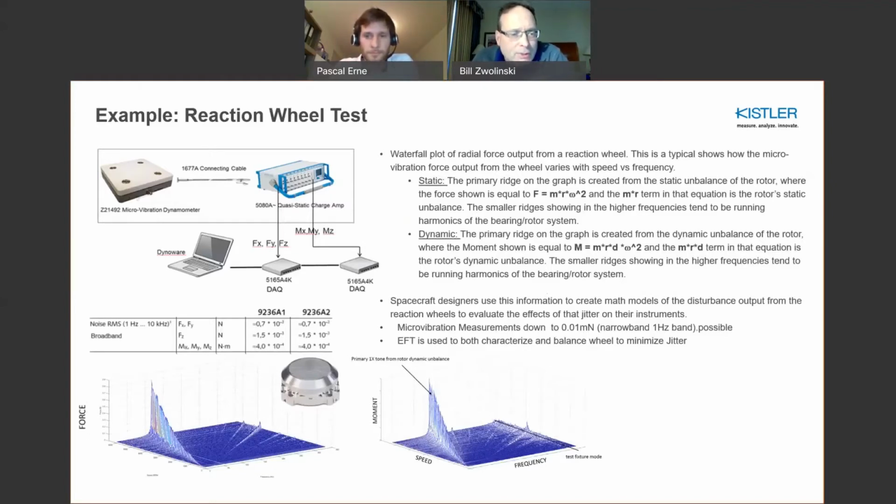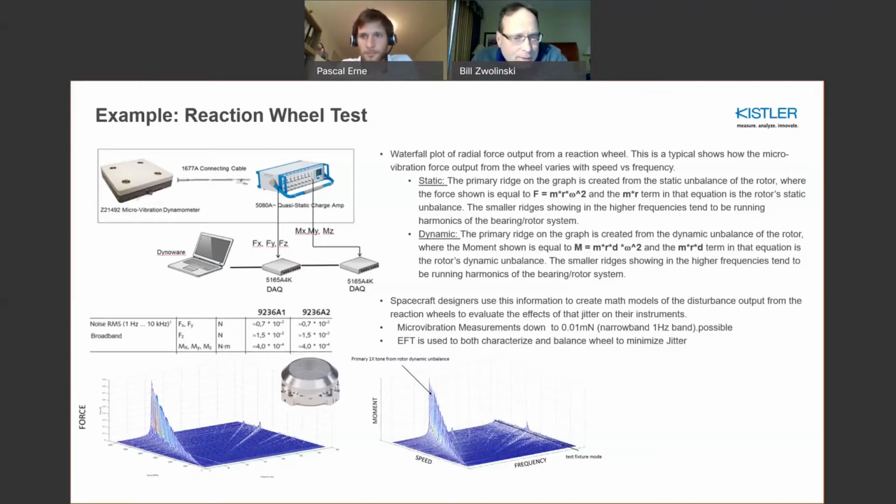On the lower left-hand corner, what's typically done is a waterfall plot, where you would measure force versus rotational speed and temporal frequency, and you would do the same with moment, where the primary ridge would be due to the rotor itself, and then you would have these sub-ridges out in frequency, which would be mainly due to, say, bearing vibration, for example.